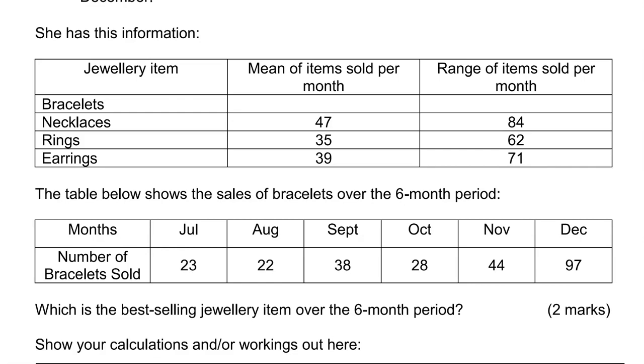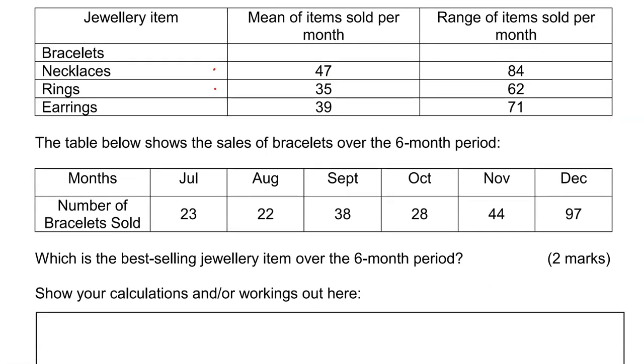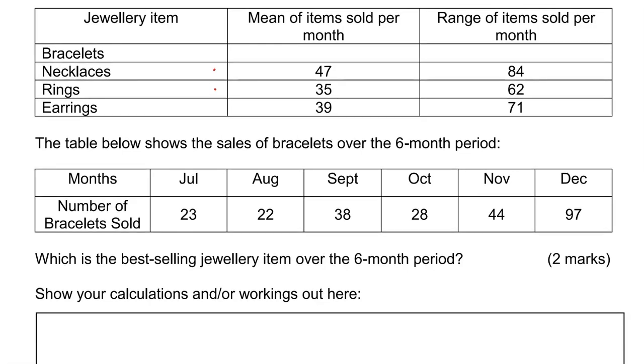So in the first table, we've got the mean of items sold per month for necklaces, rings and earrings, but we haven't got it for bracelets. We've got to work it out based on the table that we have here, the other table. And we also need to work out the range. So let's start with the mean. To work out the mean, we need to add the numbers together and divide by how many there are.